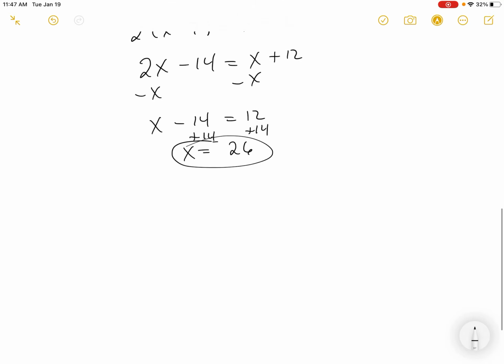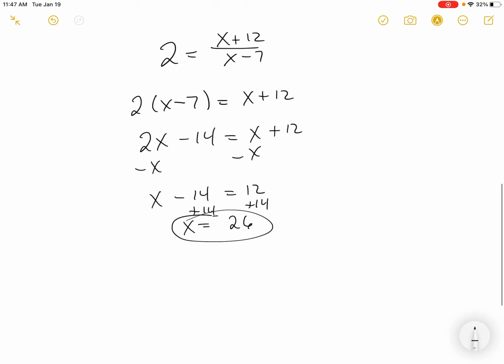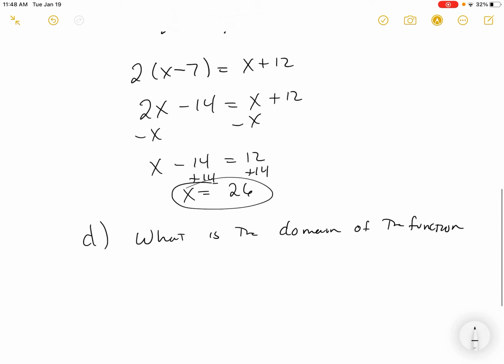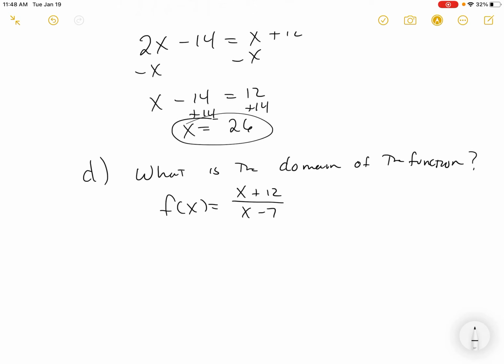So that's what this really looks like. Now there's a couple of other questions. So D is, what is the domain of the function? Well, let's remind ourselves what the function was. f of x was equal to x plus 12 all over x minus 7. We're going to assume the domain is everything unless we are going to divide by 0 or take an even root.